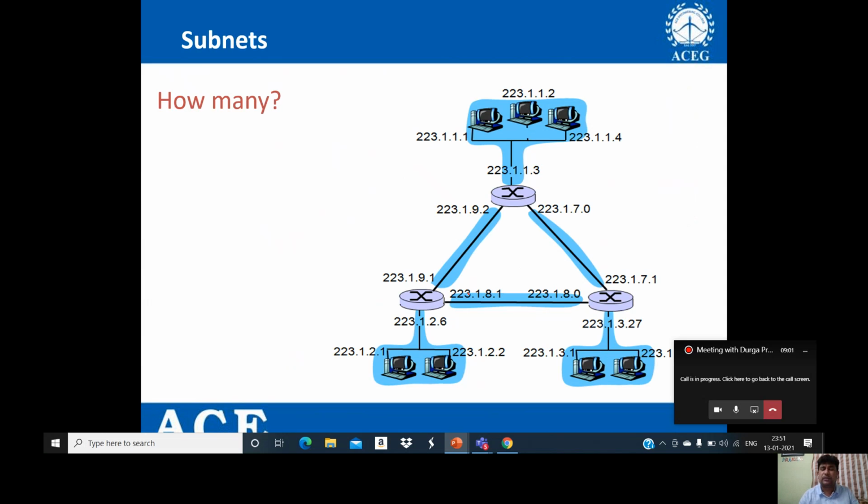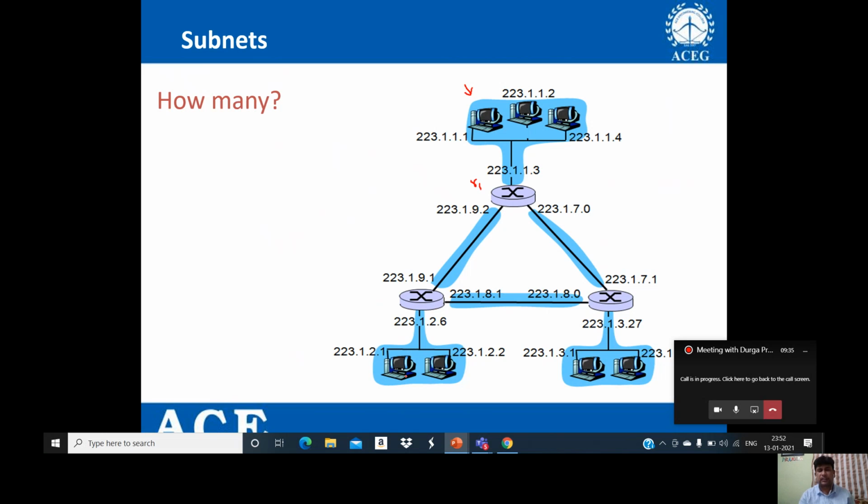In this example, we are extending beyond the 3 subnets. As mentioned earlier, we had one interface of a router and 3 hosts. The next case has a bit of difference. Instead of one router, here we have 3 different routers. The first 3 hosts are connected to the first interface of router 1, R1.